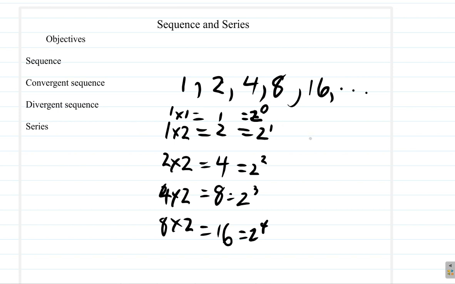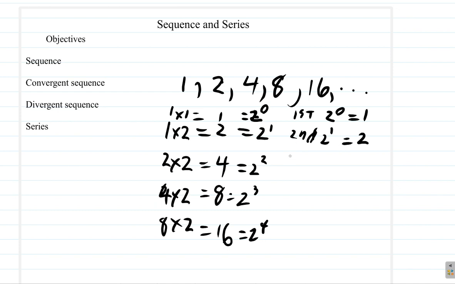So, the first term was 1, which is 2 to the 0. The second term is 2, which is 2 to the 1.